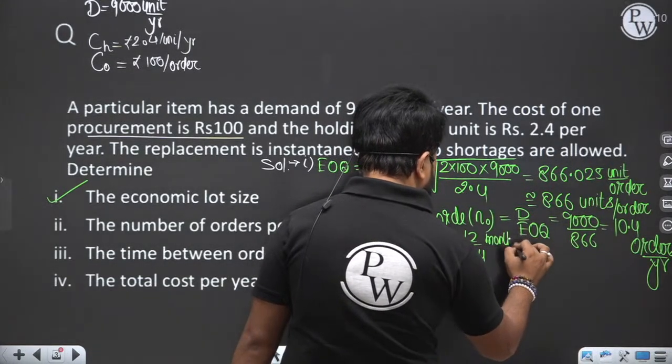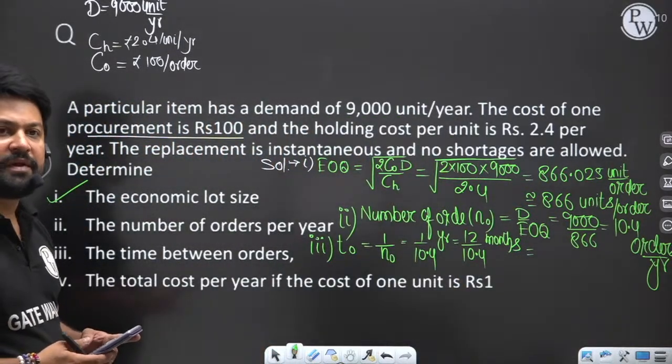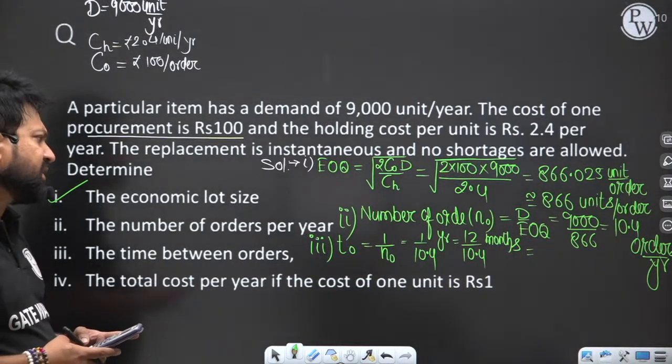Am I clear? So here you will get the time period, that is not 35, my dear. You have to find it in months only.